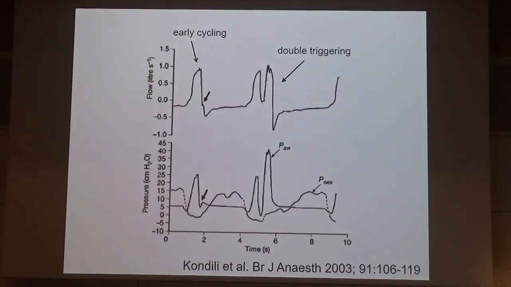For instance, early cycling corresponds to eccentric contraction of the diaphragm, and this could be harmful, could lead to muscle injury.